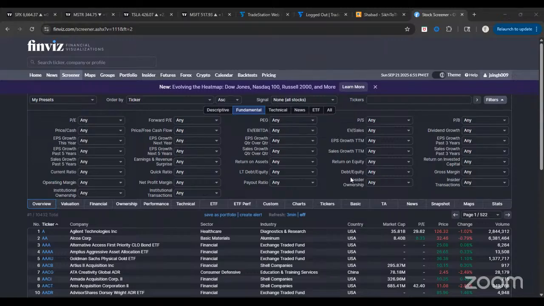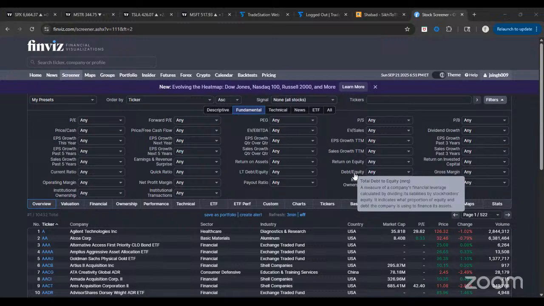If you want to know what debt over equity is, it will tell you: a measure of a company's financial leverage calculated by dividing its liabilities by stockholders' equity. It indicates what proportion of equity and debt the company is using to finance its assets. It's still going to sound very complicated, so you still need to know a little bit.